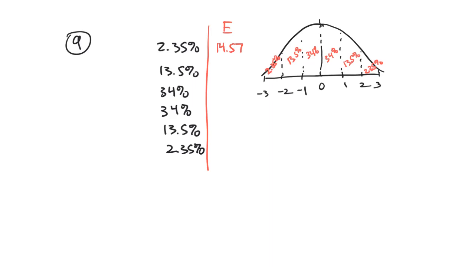That's our expected number of days, and the observed, they tell us, was 16 there. Then 13.5% of 620: 0.135 times 620 gives 83.7 days. This corresponds to temperature readings, which you'll see when you look at the problem, but all of them are based on following this bell-shaped curve.